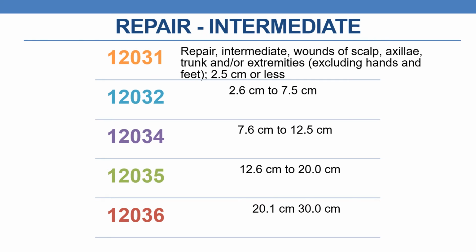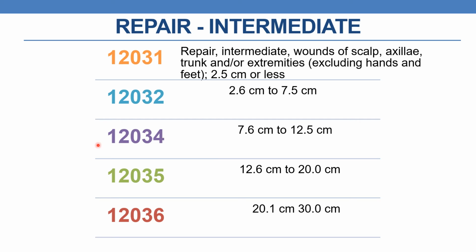Now coming to the CPTs of repair intermediate. The first CPT is 12031. Repair intermediate wounds of scalp, axilla, trunk and or extremities excluding hands and feet. In the previous simple case, hands and feet are included. Here 12031 excludes hands and feet, 2.5 centimeters or less. The next code is 12032. The repair length is 2.6 centimeters to 7.5 centimeters.